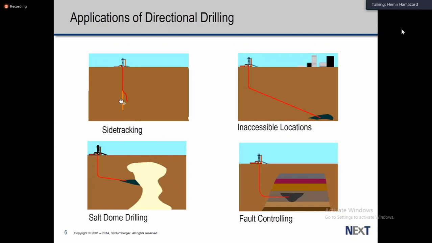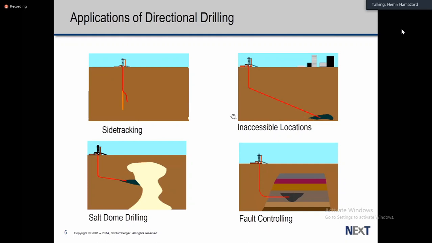If this is 100 meters, how about if I drill a directional horizontal well like this and penetrate all the way like this? This is double this. So if this is 100 meters, this can be 200 meters, this can be 400 meters. So this is the main reason.